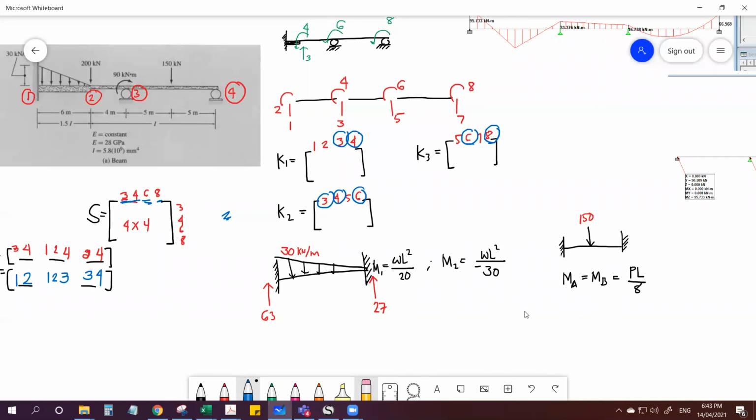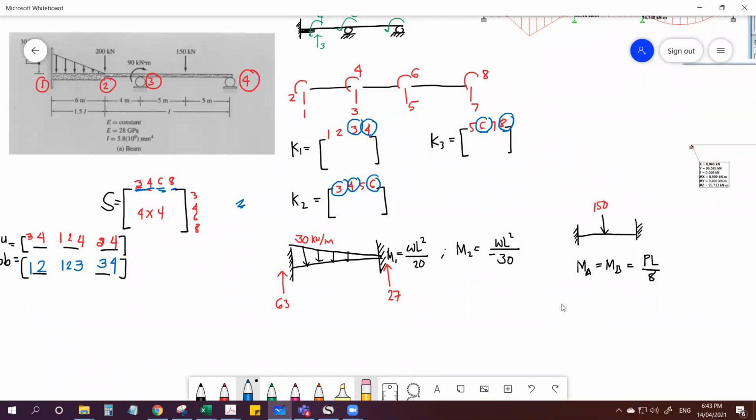For the QF, referring to this problem, we need three sets of QF. Consider this as QF1, which corresponds to 1, 2, 3, 4. QF2 corresponds to 3, 4, 5, 6.